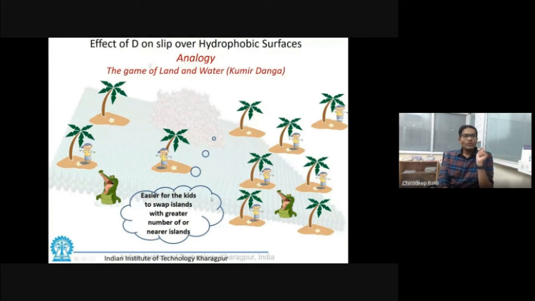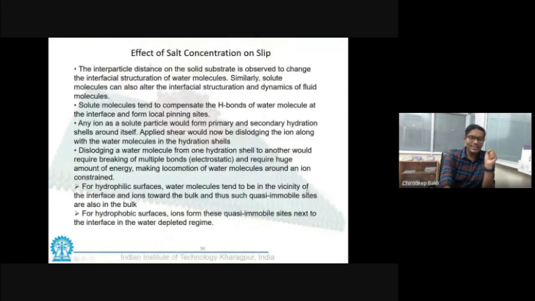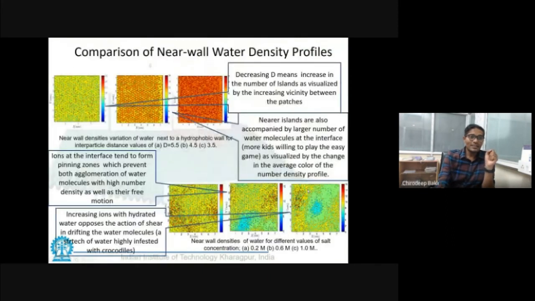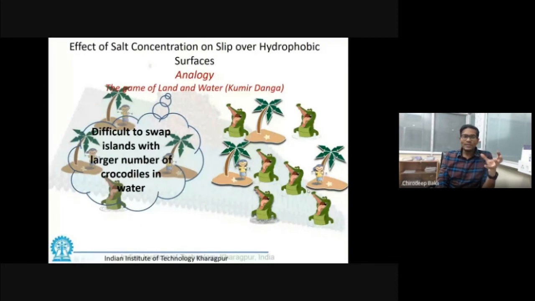Whoever has played this game would know this is true: when you have more landmasses and a single crocodile, it is easier to skip between the landmasses. On the other hand, if you have more kids disguised as crocodiles trying to catch you, it is very difficult to move between the landmasses, because there is a higher probability of getting caught by one of the crocodiles.